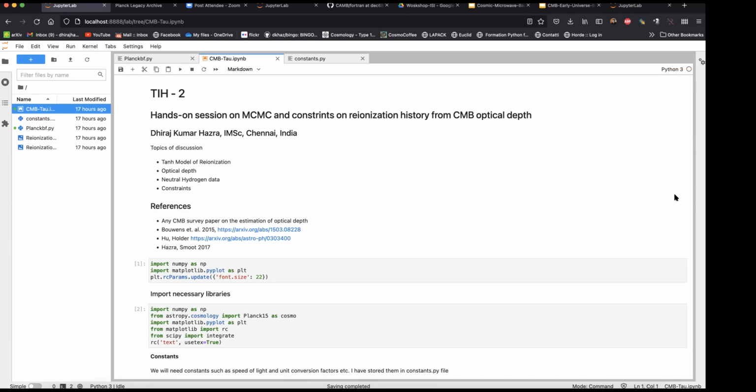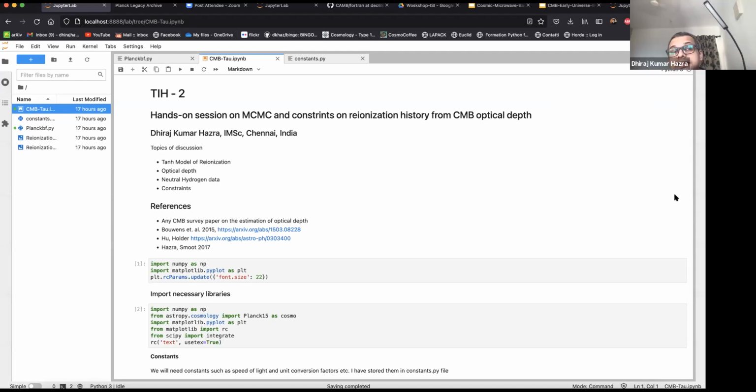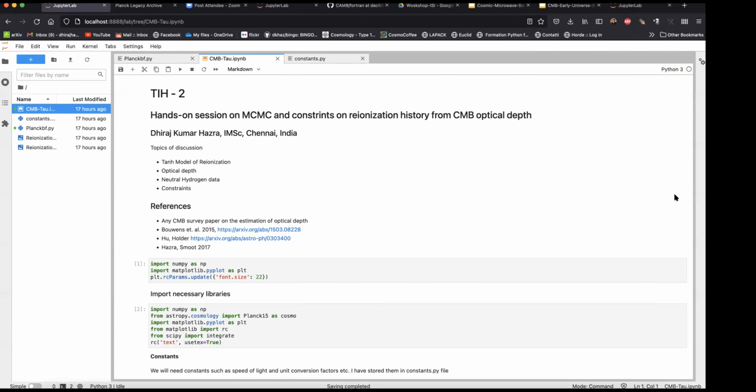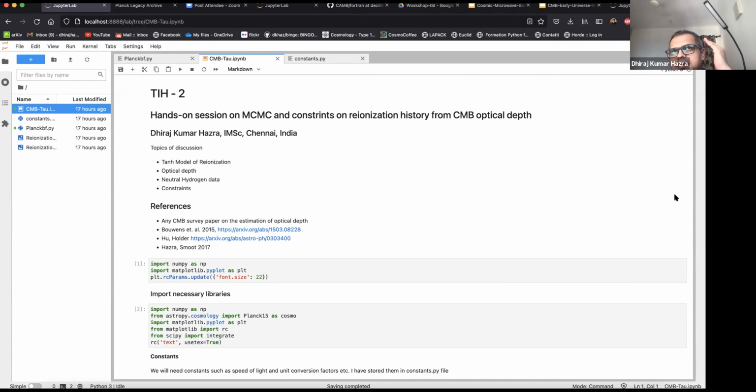Sir, I have a question. If we change the reionization history and recombination history, in both cases the optical depth will change. This optical depth is only computed for the reionization. We are integrating from, let's say, 0 to 70 or something like that.